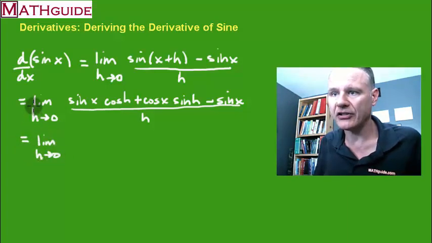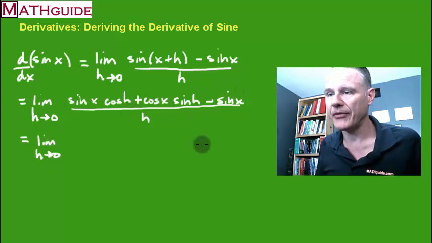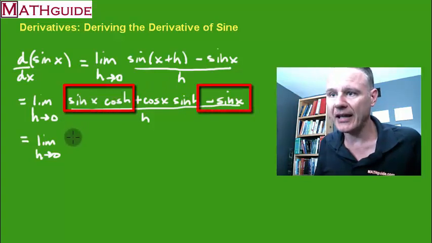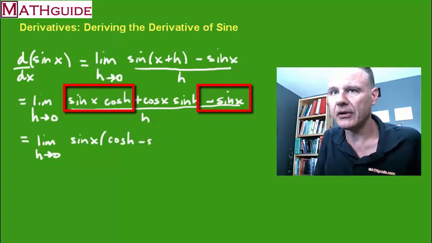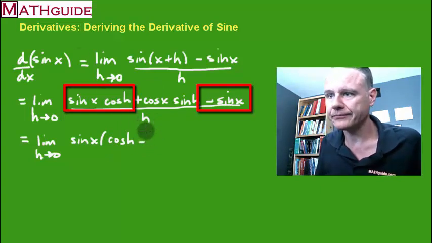And now what I'd like to do is mess around with this algebraically. For instance, I see a sine of x here and I see a sine of x here. So what I can do is take the sine of x out of those two expressions. In other words, I'm factoring, and if I were to factor that, imagine those two terms are next to each other, I would get the cosine of h minus 1.